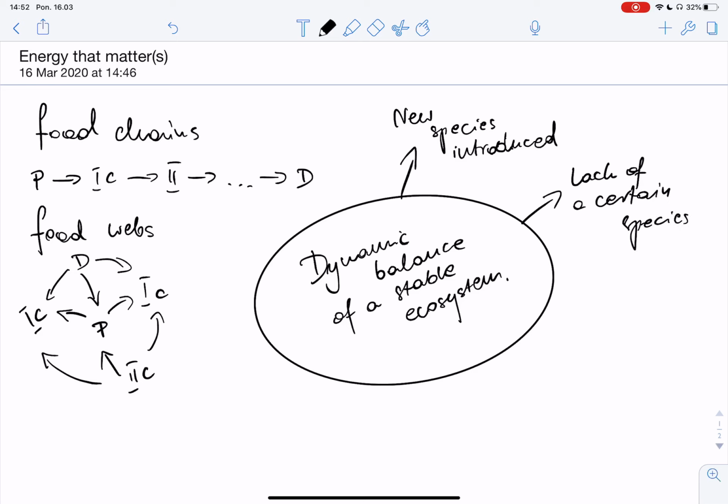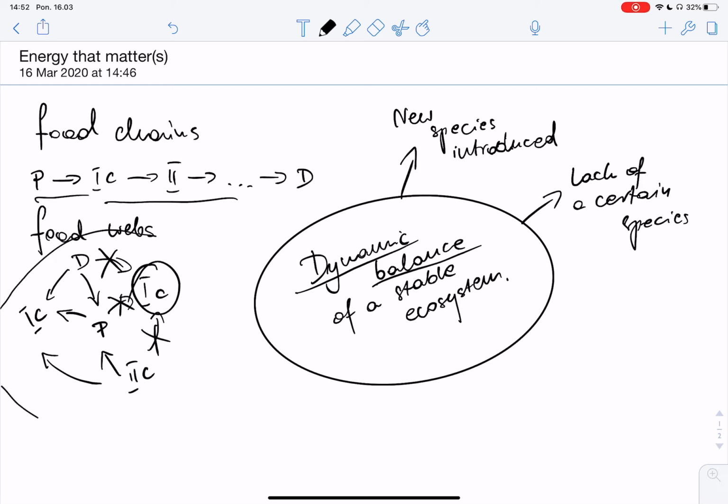For instance, this consumer disappears, then the whole part stops to exist. If it stops to exist, then we have a huge disruption to the whole dynamic balance, and this is how an ecosystem collapses. And now, guys, as you can see, it's all in circles. It's all constantly circulating.